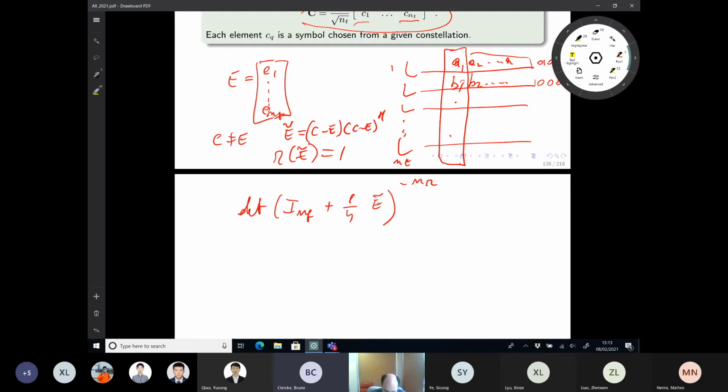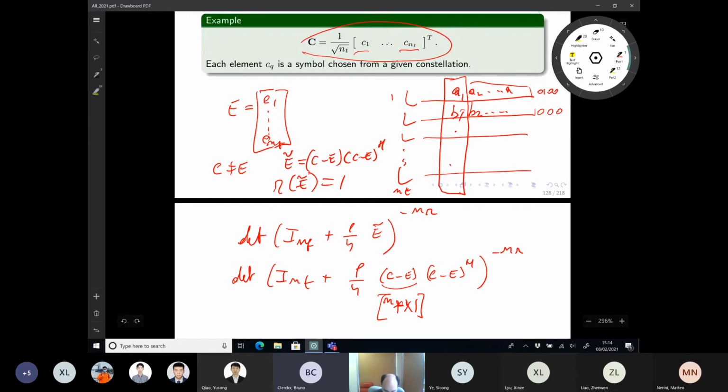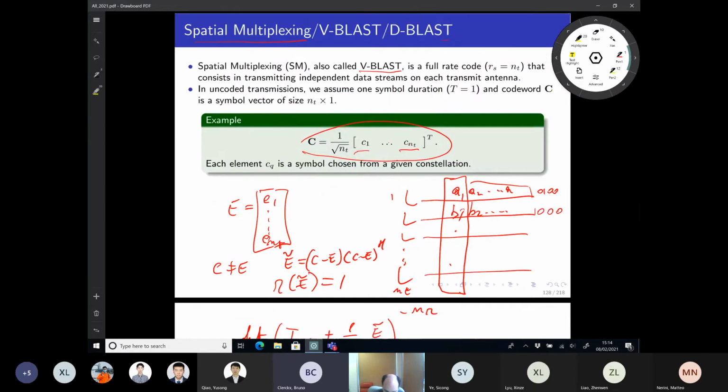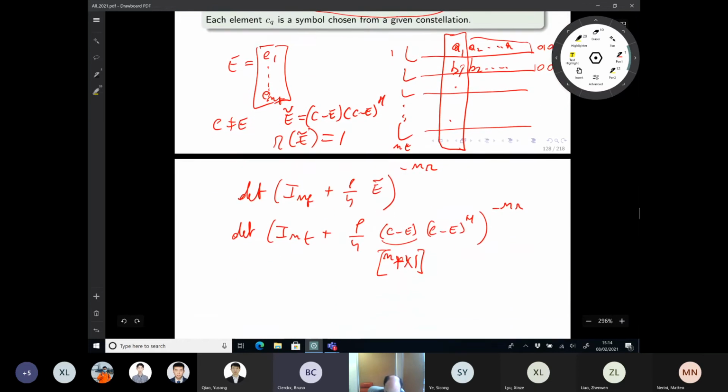Okay, so let's write this down. So I have determinant of I_NT plus rho over 4, and I have C minus E Hermitian, minus NR. This is an NT by 1 vector, right? So C minus E is an NT by 1 vector.